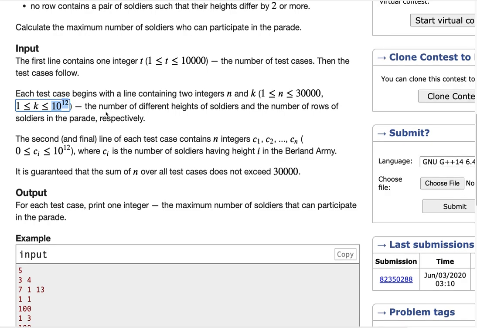Okay, so the number of people in a same height is 10 to the power of 12 as well. So the upper limit of the number of people in one row is this guy times this guy, right?